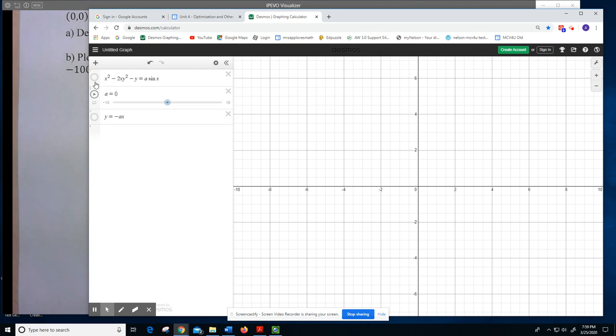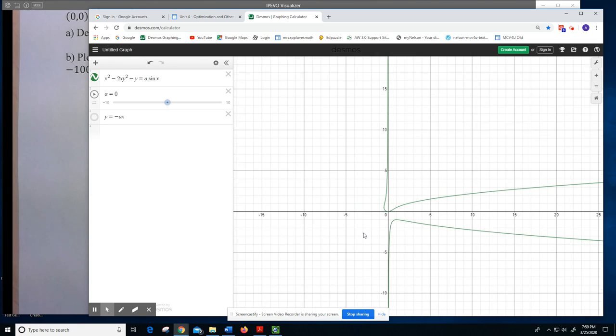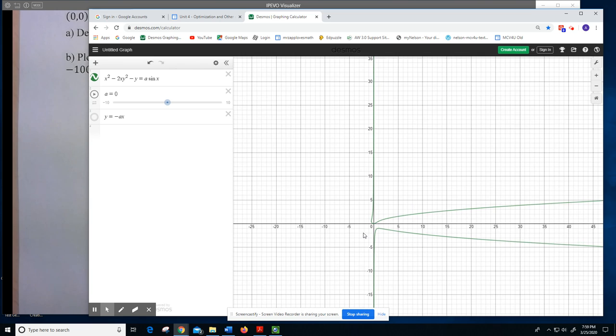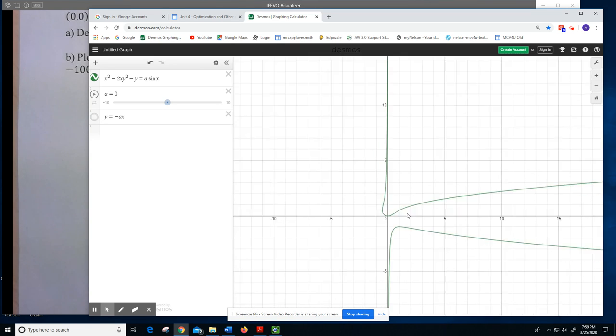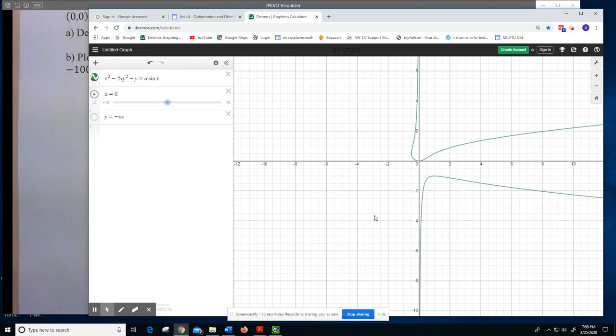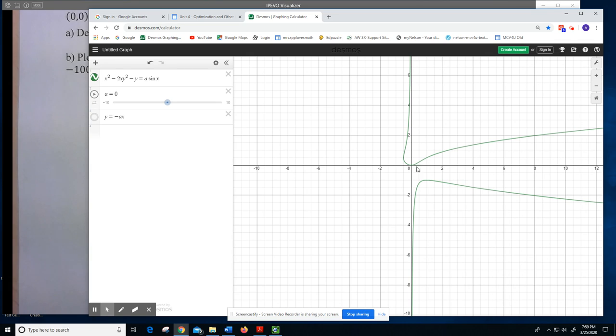I've already got the equation. So let's see what this function looks like, okay? And we see that, oh, again, I misspoke. I really should have been saying what this relation looks like. So this definitely is a relation, okay? Kind of interesting. Now, if I take a look at (0, 0) before plotting it, hey, look at that.